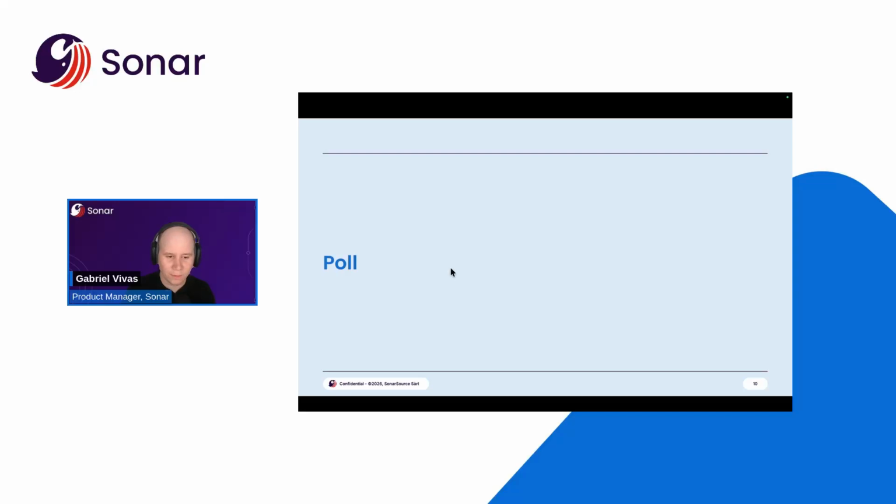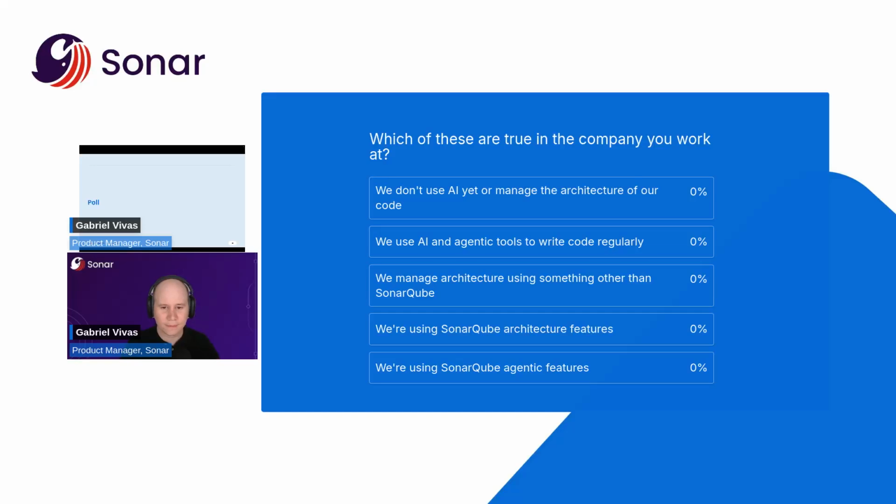And we have a nice poll for you. I'll let you. Oh, you're already answering. That was very quick. I see the answers coming in. I'll give you some moments to finish. Excellent.